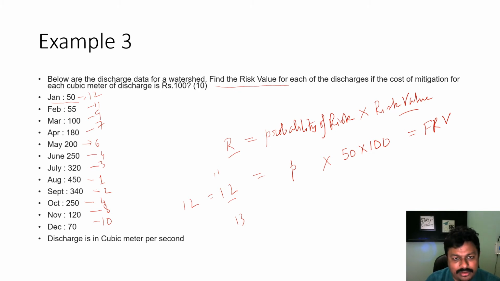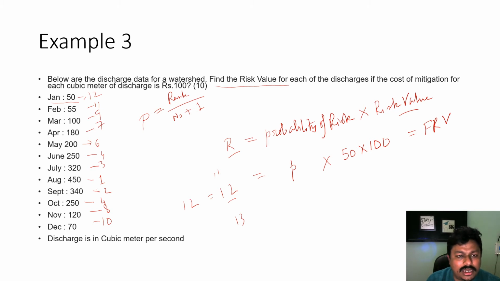And how can you calculate the probability? Probability is the rank of the discharge divided by the total number of discharges available in your data set plus 1. So if this is 12, then you just add 1 to it.